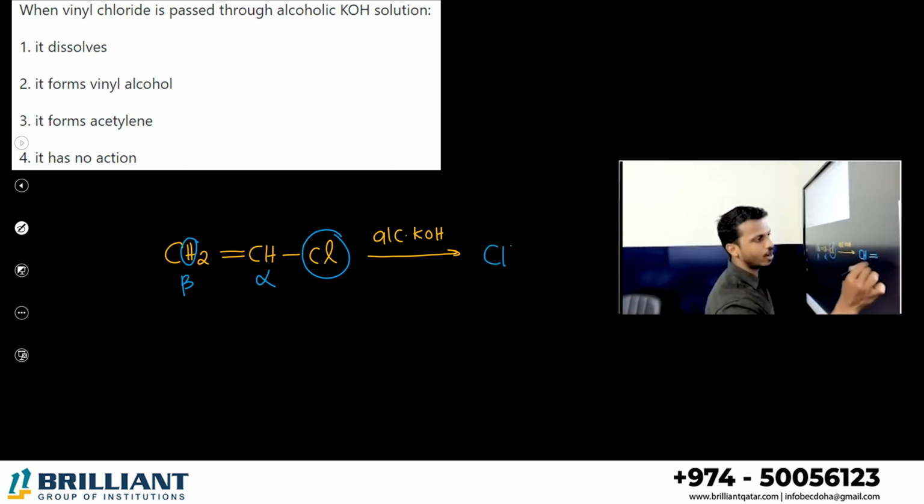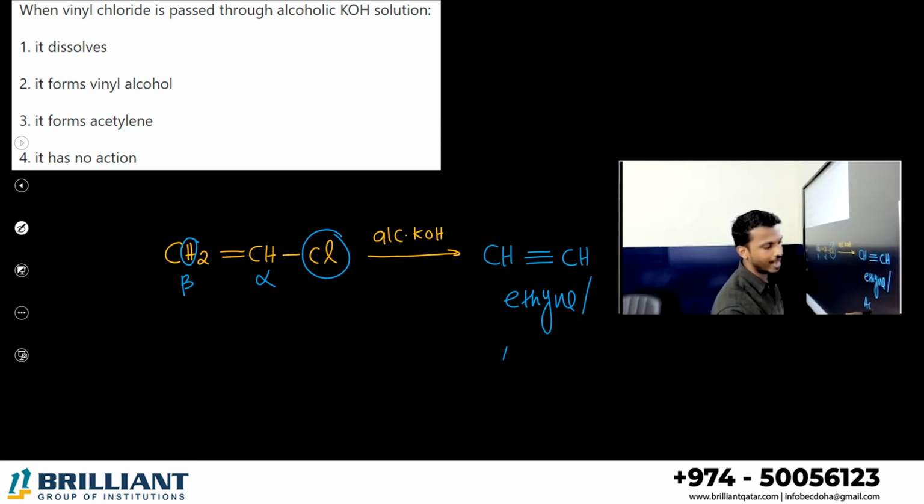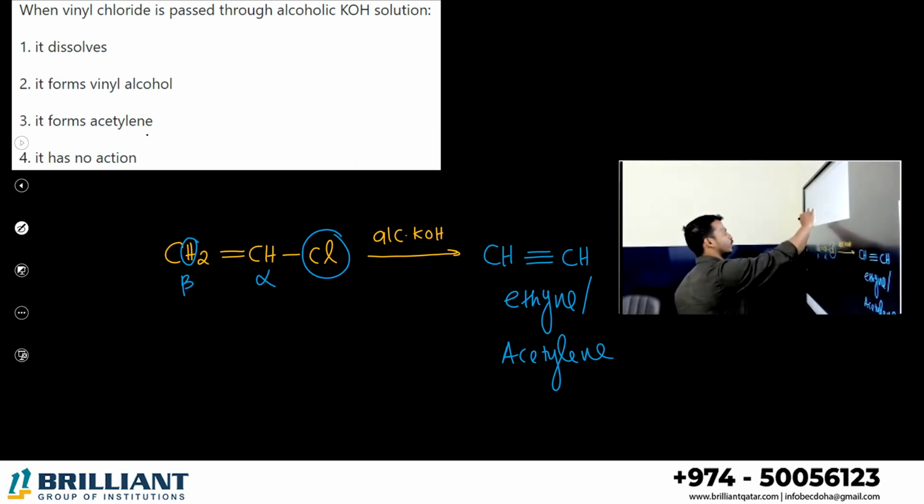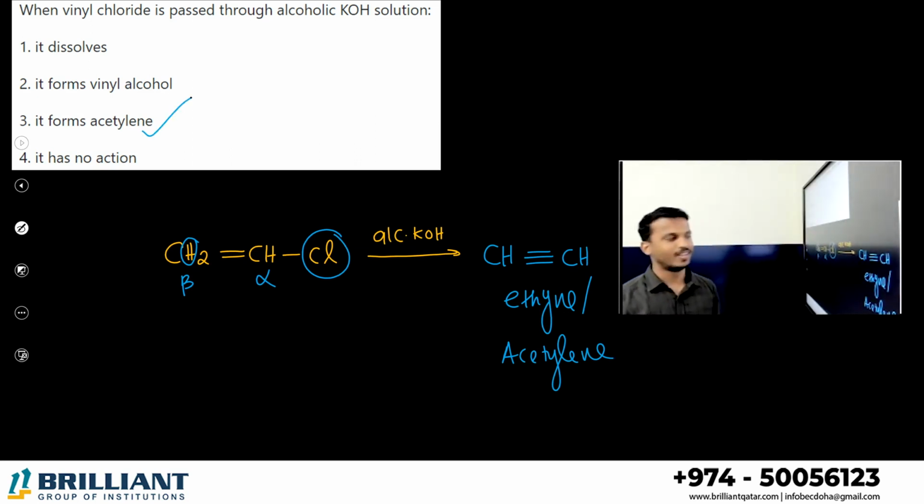What is the product? Alkyne. What is this alkyne? Ethyne. Ethyne is also known as acetylene. So your product is the third option. Be very careful. If it is still an alkene, again if it undergoes beta elimination, it becomes alkyne. Ethyne is also known as acetylene.